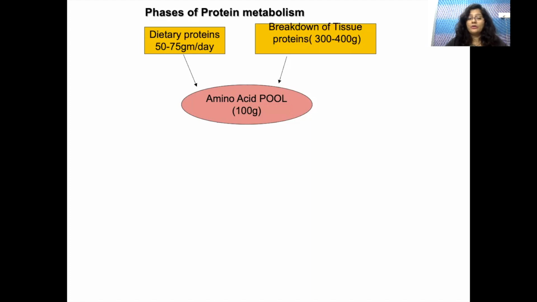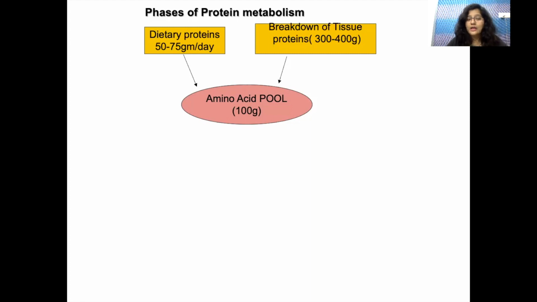This catabolism of protein leads to free amino acids in the blood, known as the amino acid pool. Around 100 gram of amino acids is present, mostly non-essential amino acids, and 50% of them are glutamine and glutamic acid.